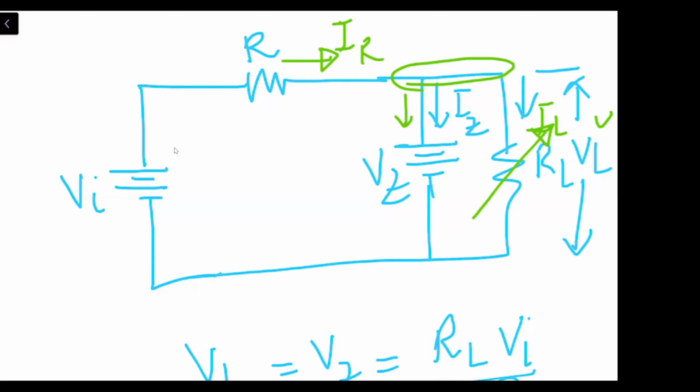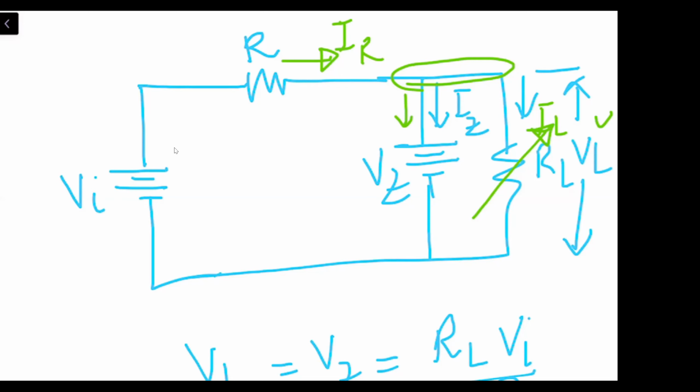This means the current flowing through the RL will decrease, right? But the voltage across RL will remain constant due to the zener diode, right?